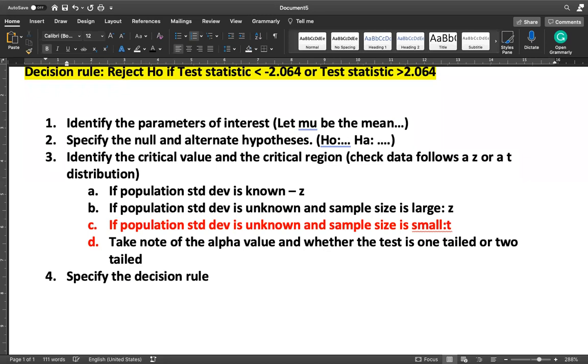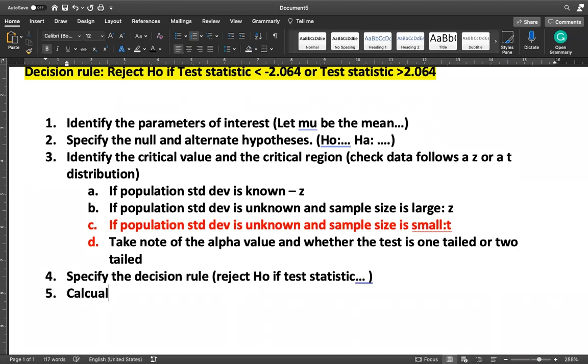Specify the decision rule. That is, once you find the critical region, then you know that you reject the null hypothesis, or reject H0, if maybe the test statistic is less than this value or is greater than that value.